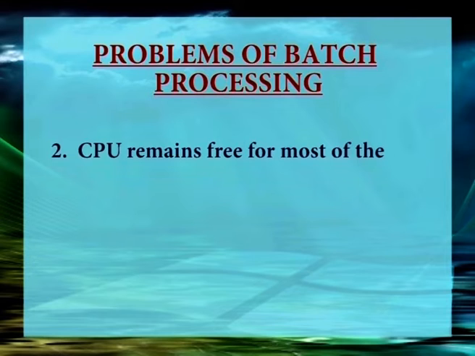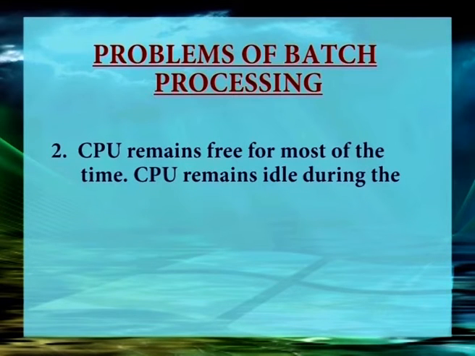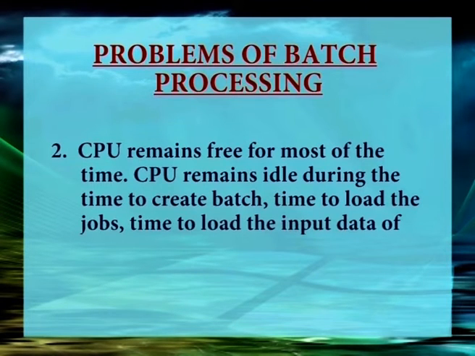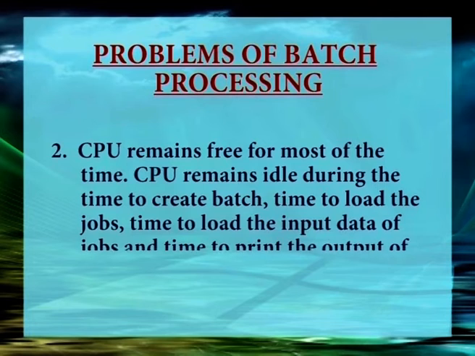Second problem is CPU remains free for most of the time. CPU remains idle during the time to create batch, time to load the jobs, time to load the input data of jobs and time to print the output of jobs.